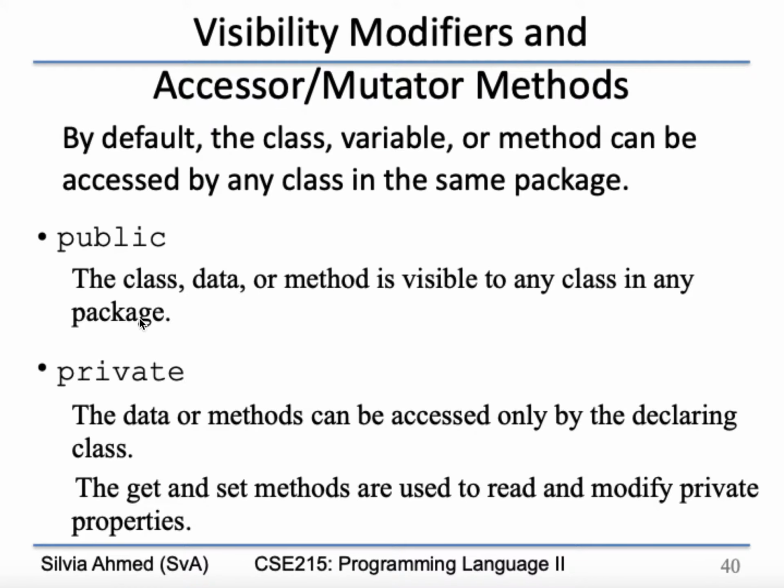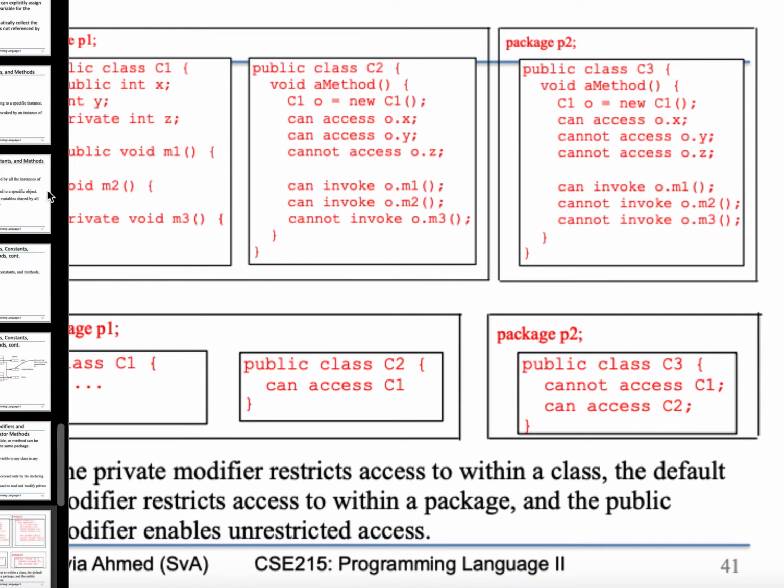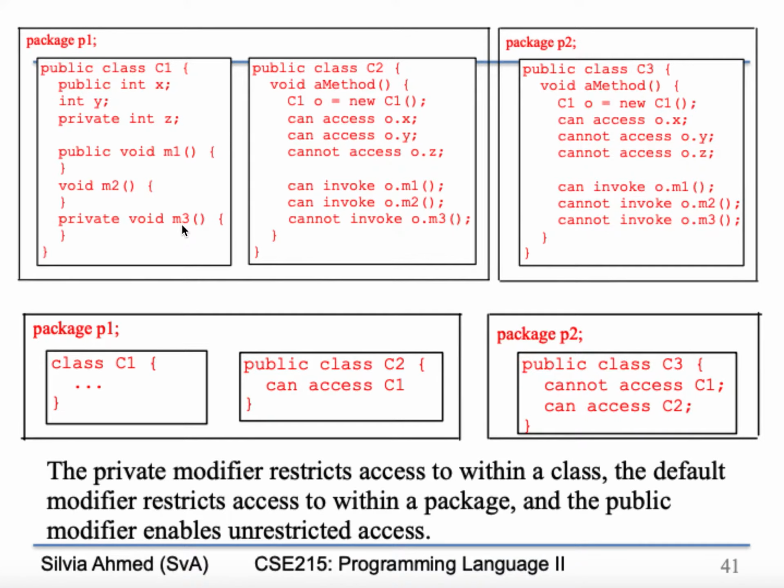Like public and private, a default modifier, any data or method described as default, can be accessed only inside the same package. So Y is a default data and Z is a private field. Similarly, we have three methods. M1 is public, M2 is nothing there, so default, and M3 is private.